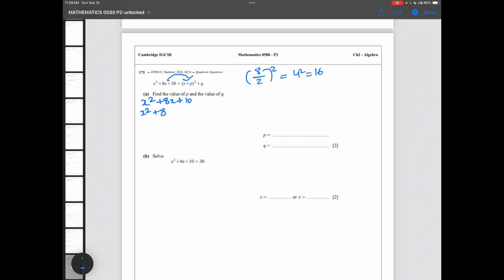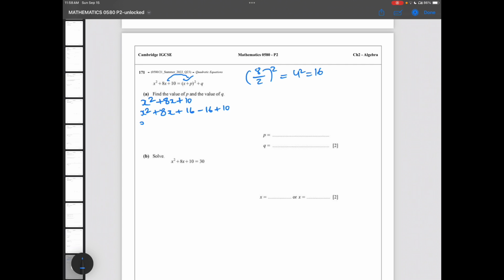Now we will add and subtract 16 in this algebraic expression. 8x plus 16, means plus 16 minus 16 plus 10. I just added plus 16 and minus 16.